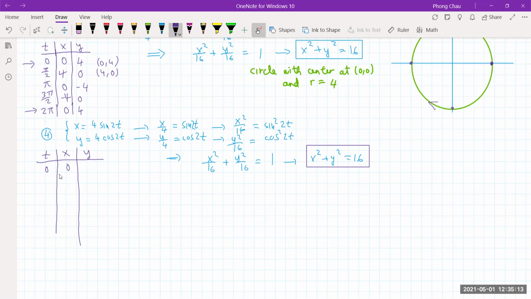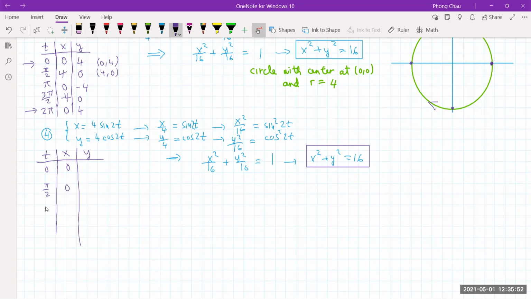Now, if you use the same values as before, like pi half, what do you think? This is going to be different now, because if you plug pi half in, 2 times pi half makes pi, you have sine of pi, which is 0, times 4, so I still get 0.